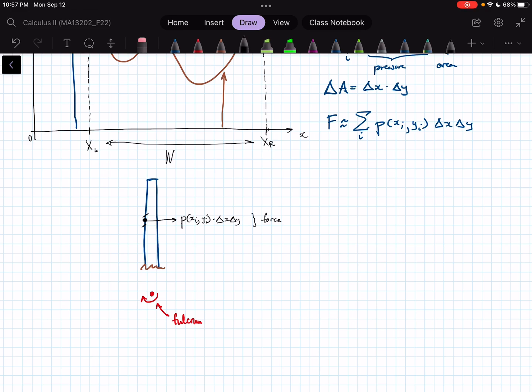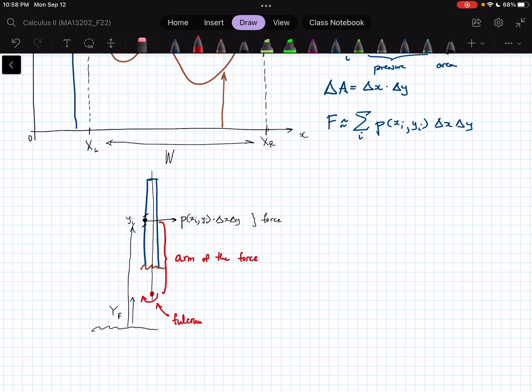So when the pressure is squeezing the point at the vertical location yi, and we have the fulcrum sitting at some point yf, then the distance between the point at which the force is applied and the fulcrum is called the arm of the force.